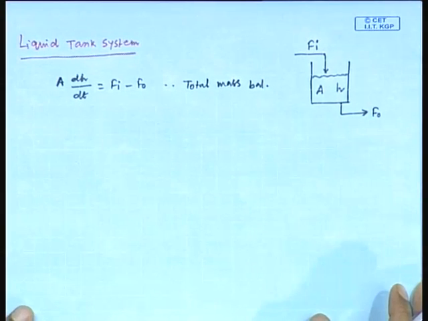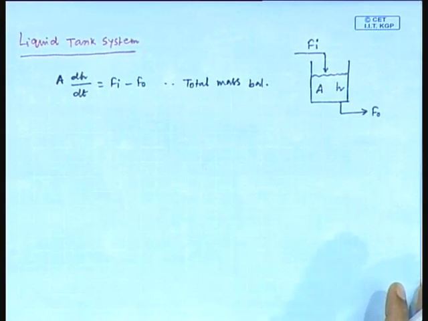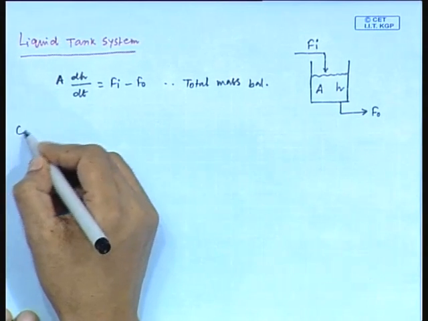Fine. Now, this outlet flow rate is basically the function of liquid height. The outlet flow rate F0 depends on the liquid height in the tank. We will consider two cases.